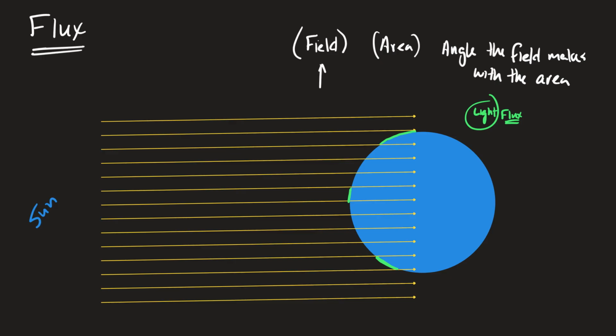Luckily, fields are already vector quantities, and areas, I've now described as a vector as well. So to calculate flux, here's how we're going to do it, and this is how we're going to kind of agree to do it. Imagine, just for this argument right now, I have some kind of square that I've turned in space.